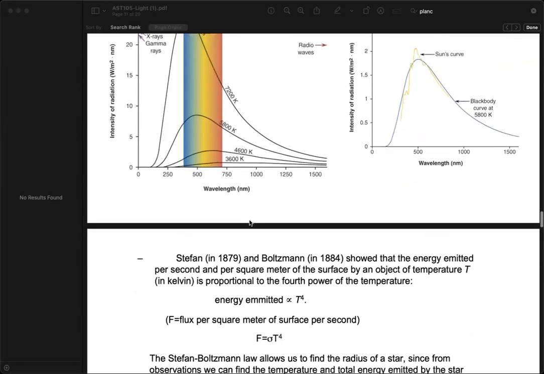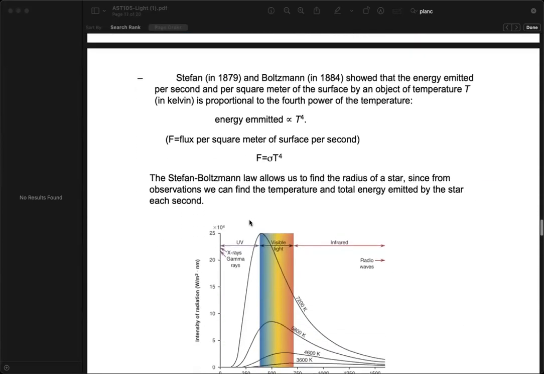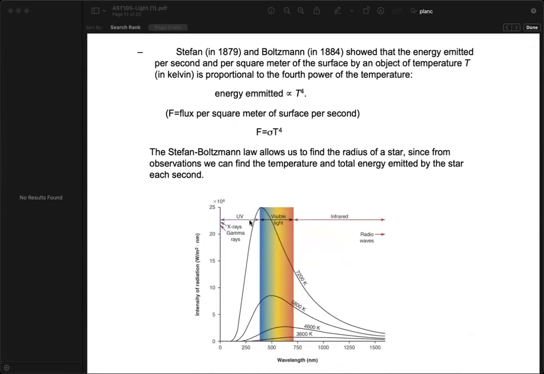Some other laws that relate to the light and which help us determine properties of stars. The second law is Stefan-Boltzmann law. So just to repeat, this first law, Wien's law, helps us determine the temperature of stars.